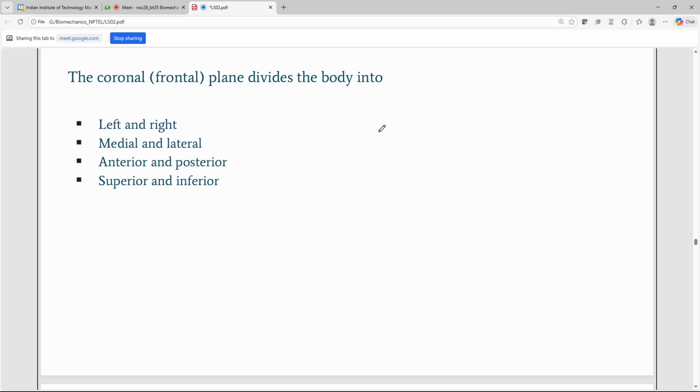Next question. The coronal or the frontal plane divides the body into what parts? Left and right, medial and lateral, anterior and posterior, or superior and inferior?